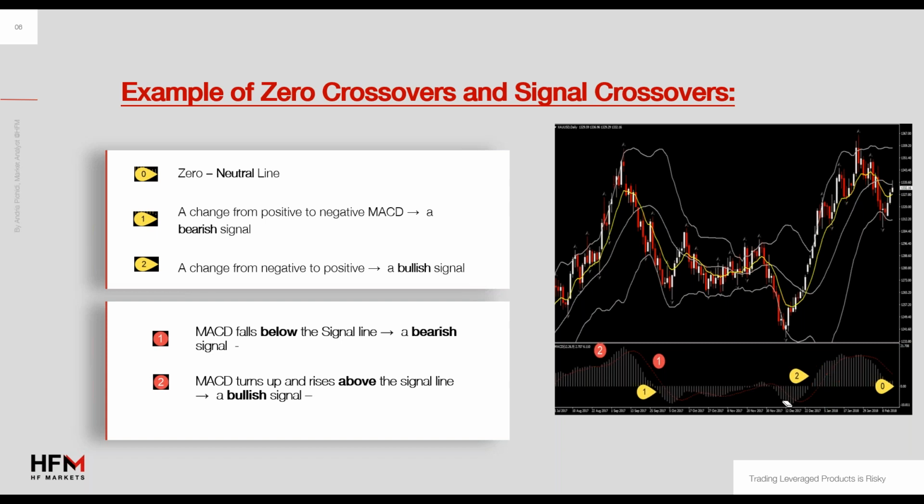So, first the buying signal: if the histogram is above the signal and both are above zero, pointing further to the upside, that's bullish.